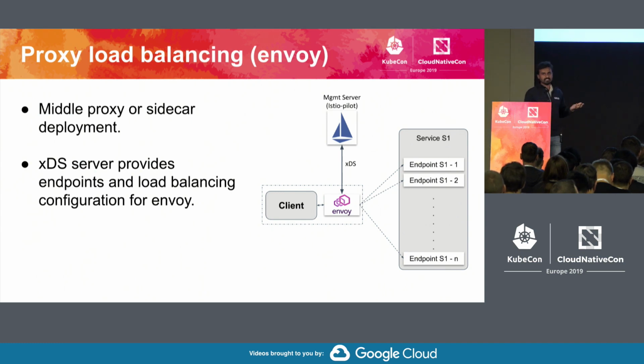The client over here, in this case the gRPC client, doesn't really know about all these endpoints, and the connection gets terminated at the Envoy proxy, and subsequently the Envoy proxy does the load balancing for those endpoints. The Envoy itself can be deployed in a middle proxy or a side proxy mode, and in this particular example we are using a sidecar. It's again one of the most popular methods of deployment.